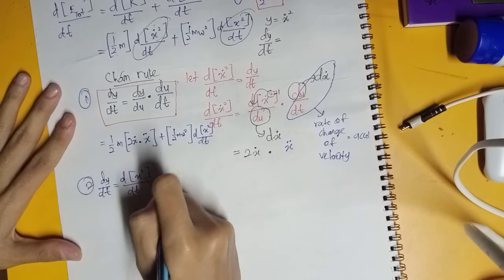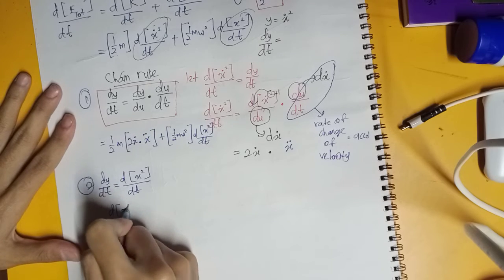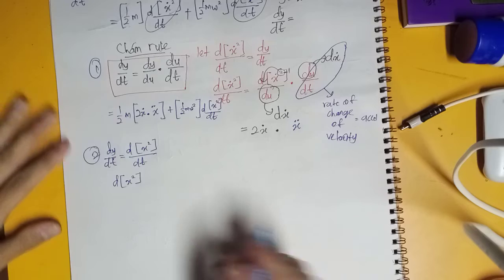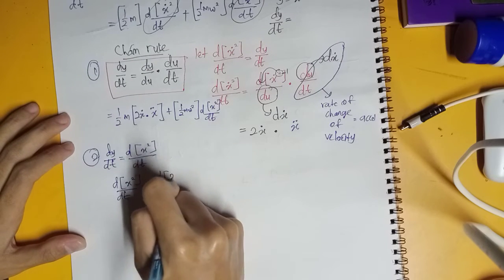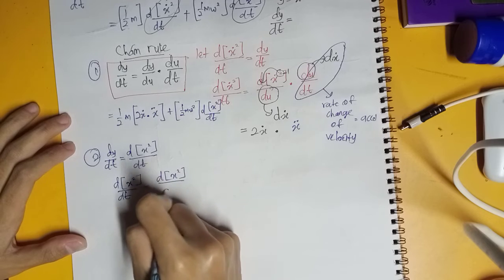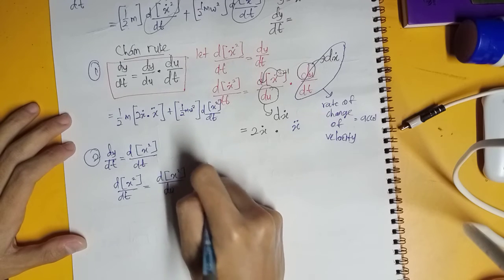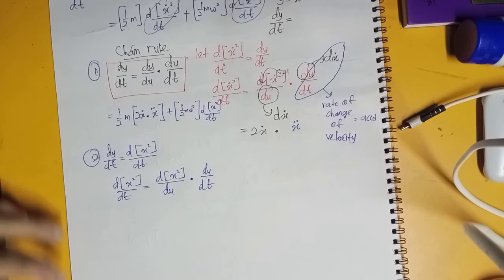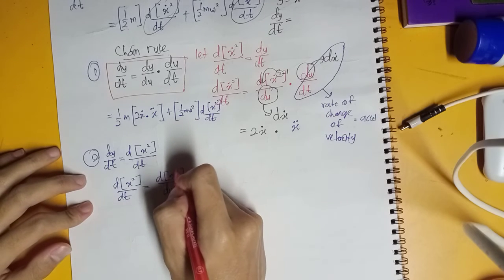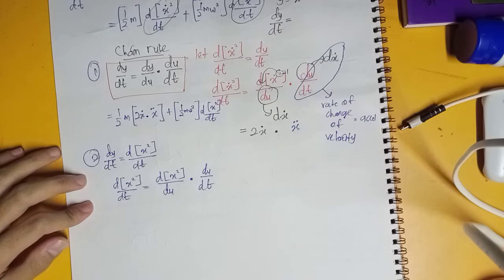Now d(x squared) over dt is equal to d(x squared) over du times du over dt. Okay, pretty simple, right?